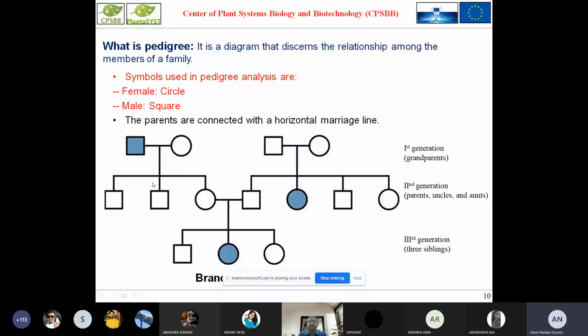How we understand this is very important: your eldest kid will always be on the left, then the next kid will be second, then third, and so on. So how can we understand the pedigree chart?